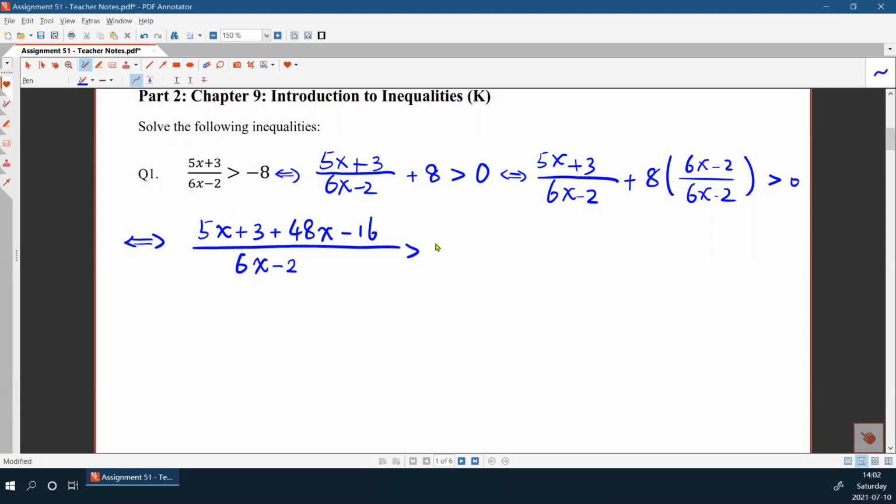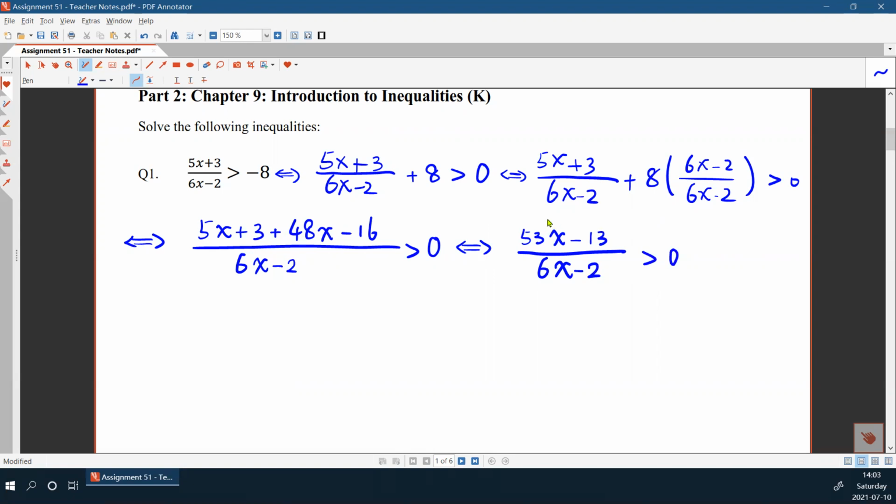And the whole expression should be greater than 0. And this is equivalent to, let's simplify the numerator, which is 5x plus 48x is 53x. 3 minus 16 is minus 13, right? And over 6x minus 2, which is greater than 0.